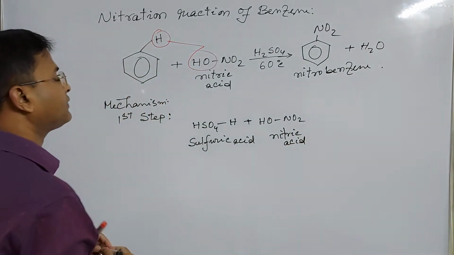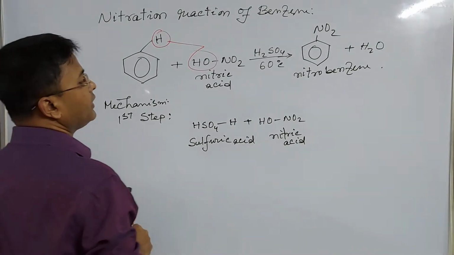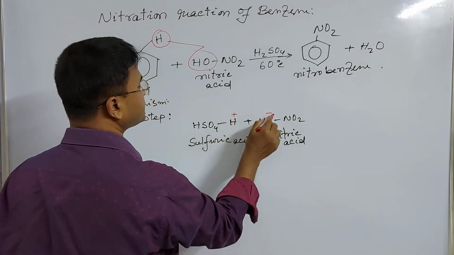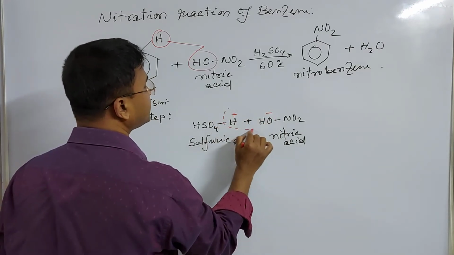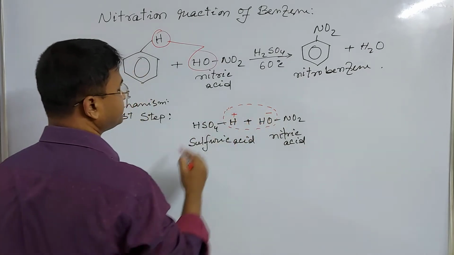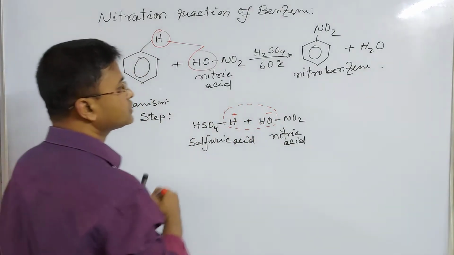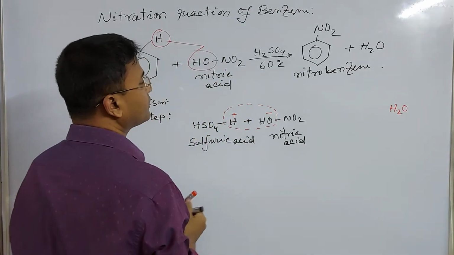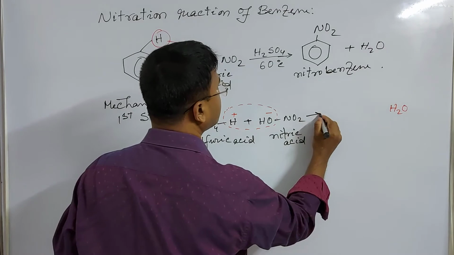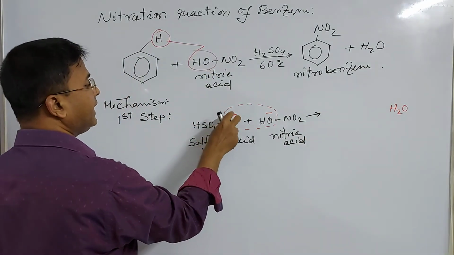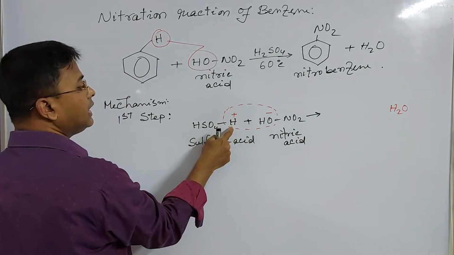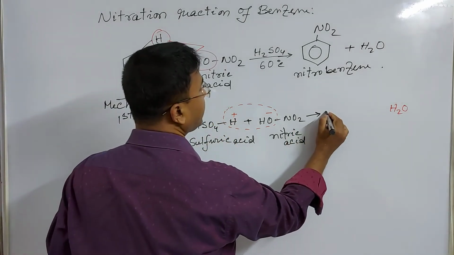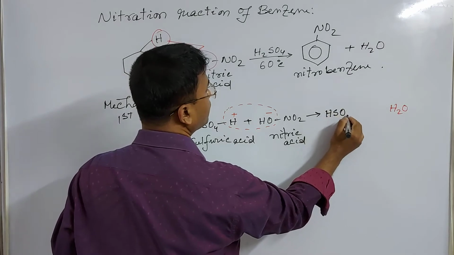My dear students, all of you know that OH is negative and hydrogen is positive. This positive hydrogen combines with negative OH to produce water. So I can write here water. And after releasing an H plus ion from sulfuric acid, the remaining part is HSO4 minus.